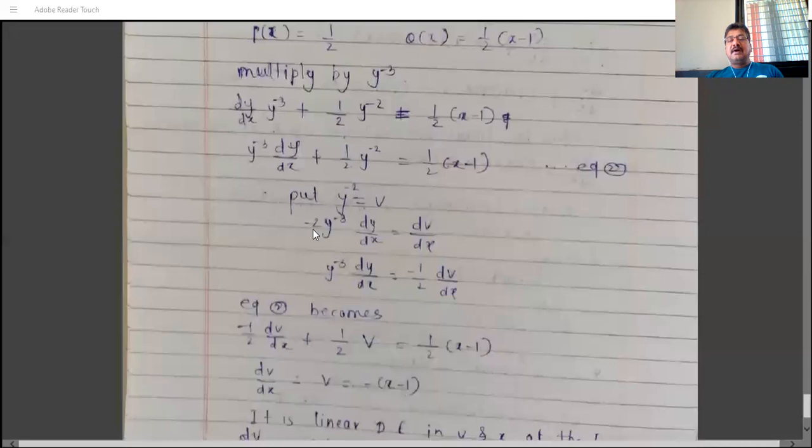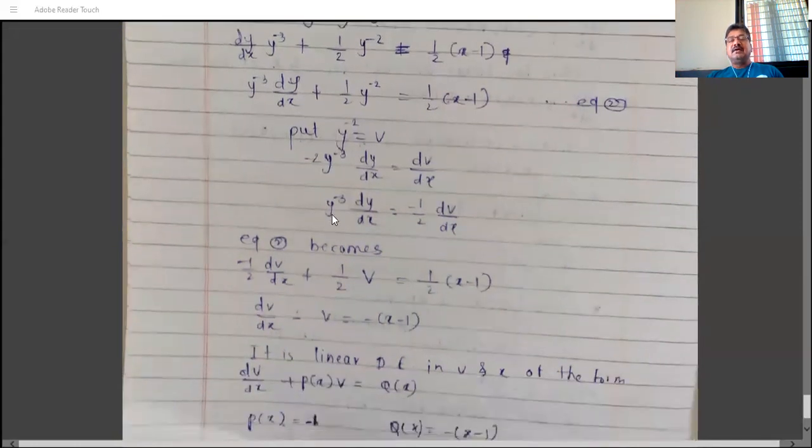Applying the rule n x raised to n minus 1, we have minus 2 y raised to minus 3 into dy by dx, because the derivative is with respect to x, is equal to dv by dx. And so y raised to minus 3 dy by dx is minus 1/2 dv by dx. So we substitute y raised to minus 3 dy by dx as minus 1 by 2 dv by dx.